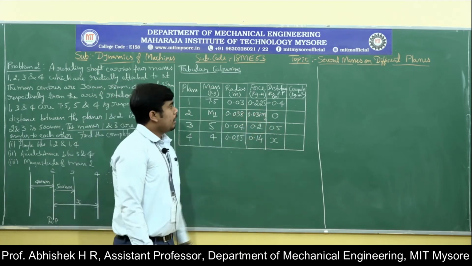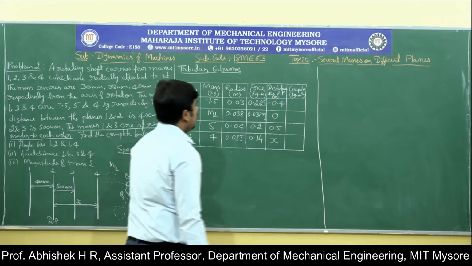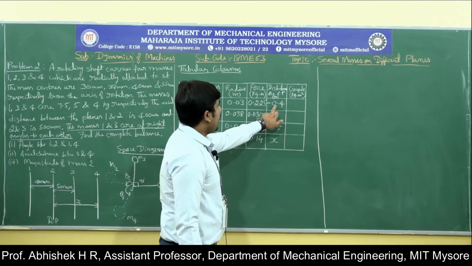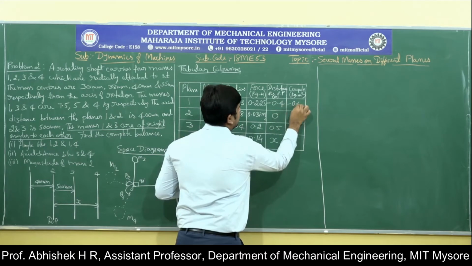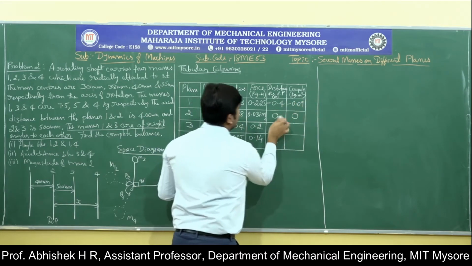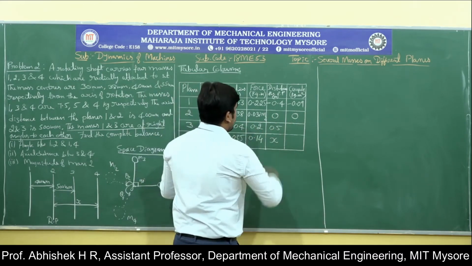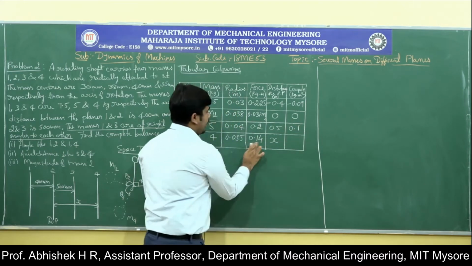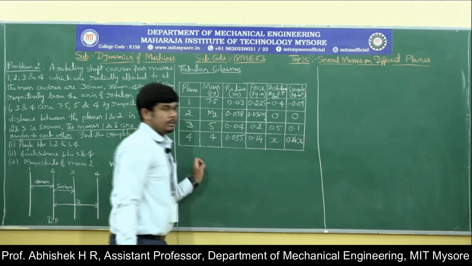Now for the couple, force into distance: 0.225 into minus 0.4 will become minus 0.09, and for plane 2 it will be 0 since the distance is 0. Then 0.2 into 0.5 is 0.1, then 0.14 into x is 0.14 x.